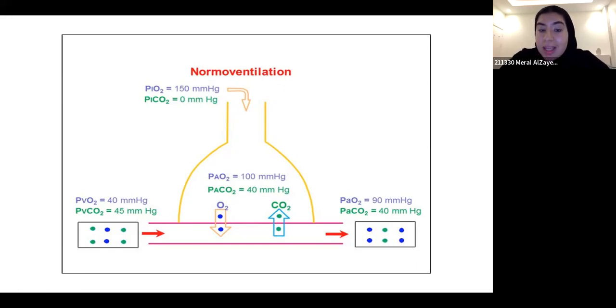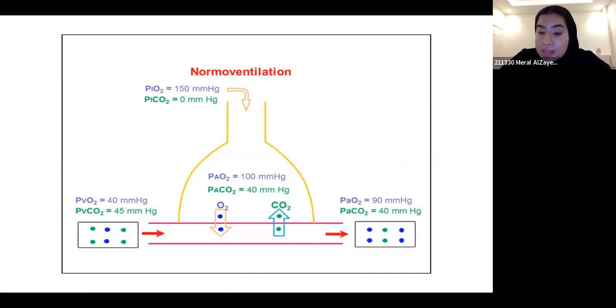Now, when you inhale and take oxygen from outside into your lungs, the partial pressure of oxygen in the alveoli, represented by capital A, you should know that capital A is for alveoli, and small a is for arteries. The partial pressure of oxygen in the alveoli is 100, decreased from the 150 we previously had in the inspired air.